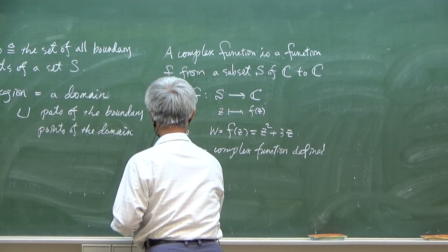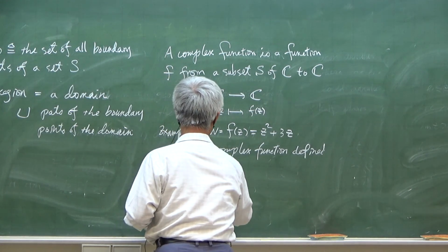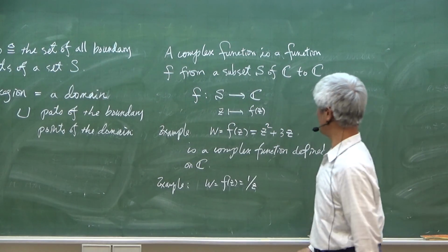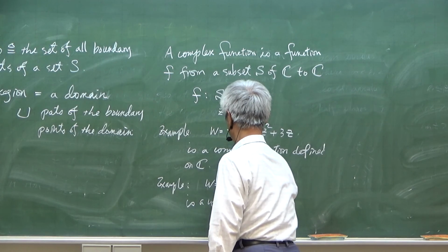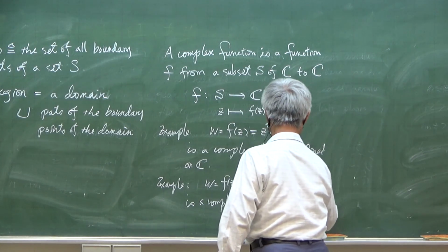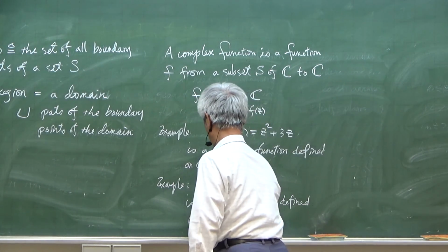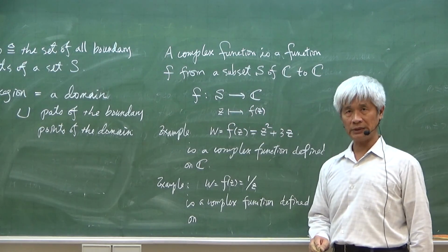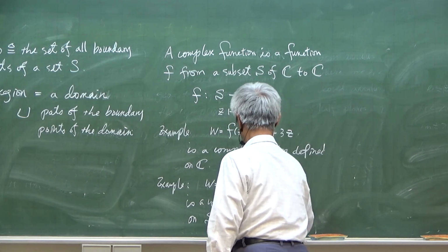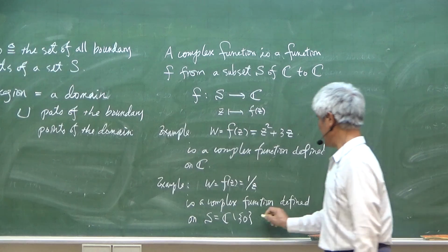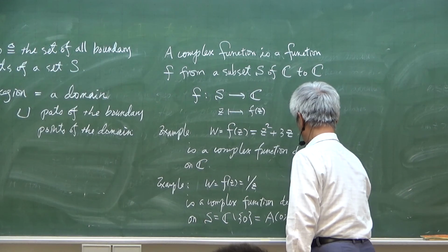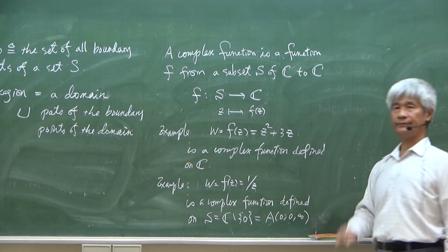Another example. This is a complex function defined on an open annulus. Actually X is the plane minus 0, because 0 is undefined. So this is the annulus A(0, 0, infinity).